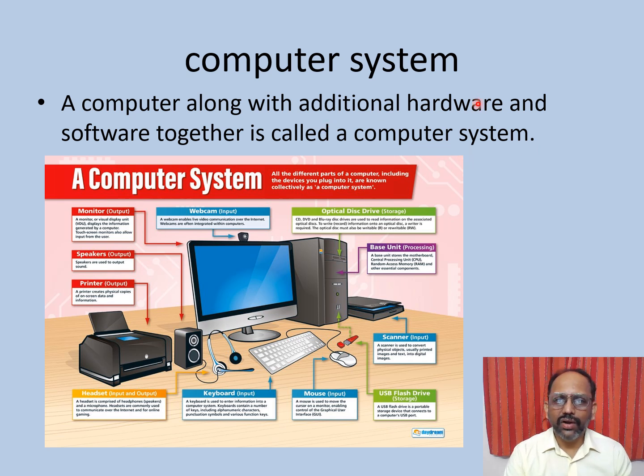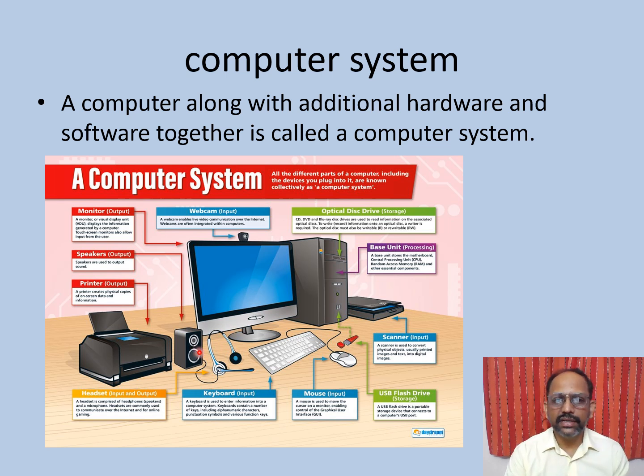Now, what is hardware? Hardware is a physical component of the computer that you can see, touch, feel, and sense. Now, on this screen, which components can you recognize? There is a printer device connected to the computer that makes the computer system.